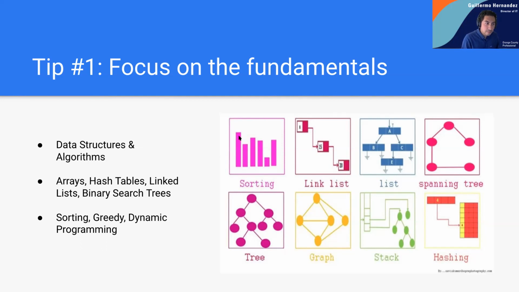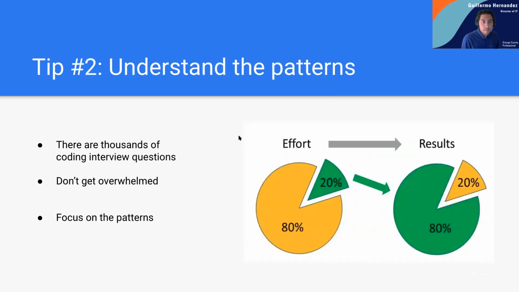Next tip. You want to understand the patterns. There's so many questions you can do. It's easy to get overwhelmed. You're like, where do I even start? What kind of questions should I even look for?